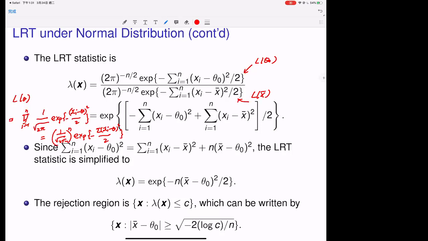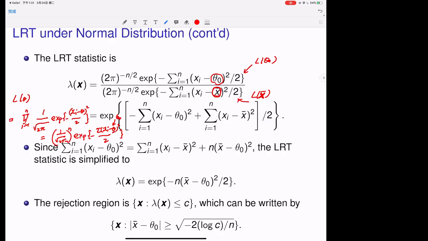Good. So for the first one, you plug in theta 0 right here. Then for the next one, theta is x bar, so you plug in x bar where theta is.